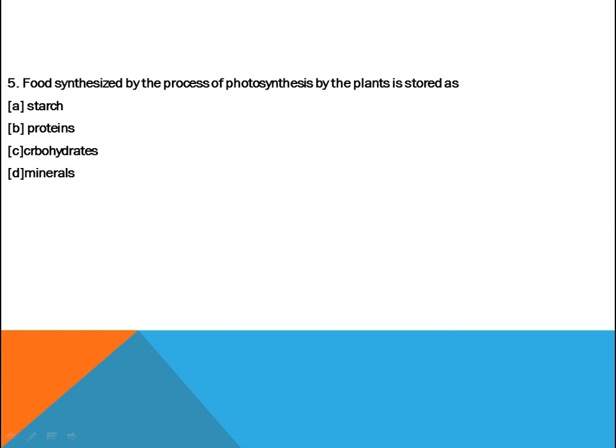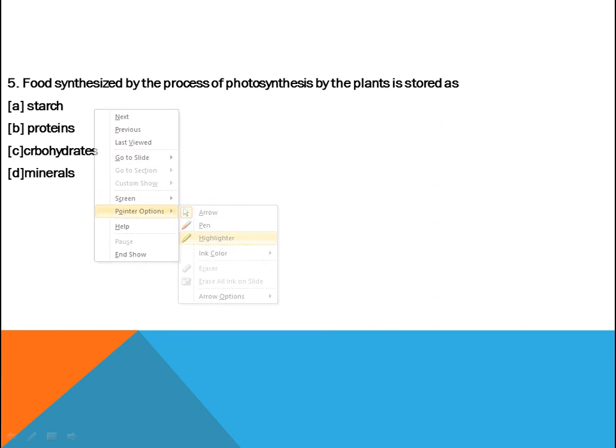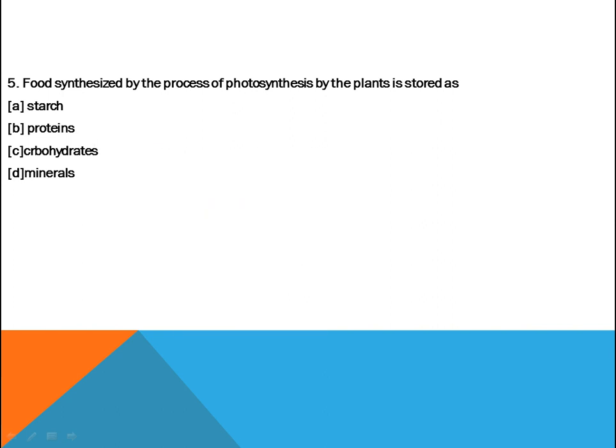So fifth question, last question. Food synthesized by the process of photosynthesis by the plants is stored as: starch, proteins, carbohydrates, minerals. See, the right answer is starch.